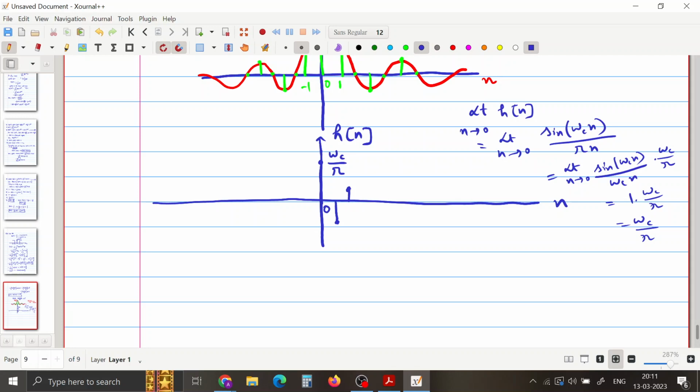And then eventually it will come to 0 at some point. And what will be that point? That will be pi by omega c, because we have sine of omega c n in the numerator. So at n equals pi by omega c, it vanishes. It first becomes 0 at this point, and similarly it goes on like this. On the other side also we have a similar pattern.